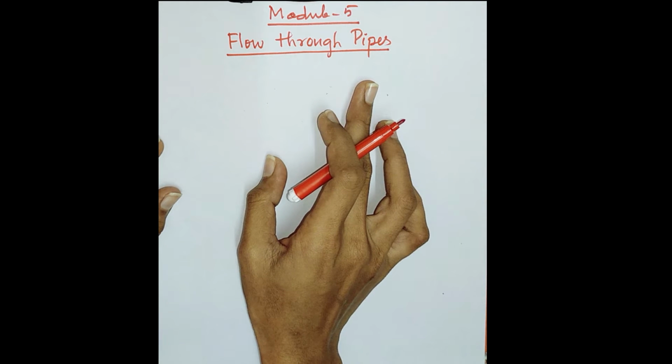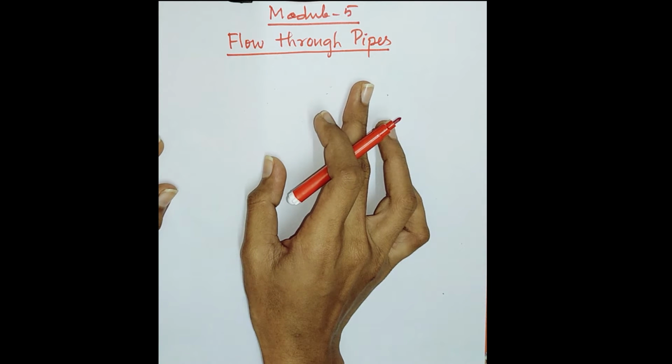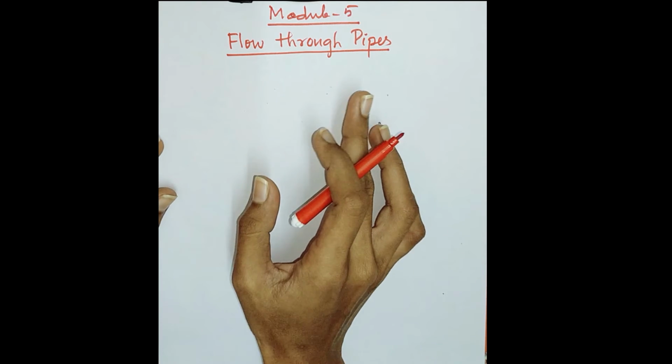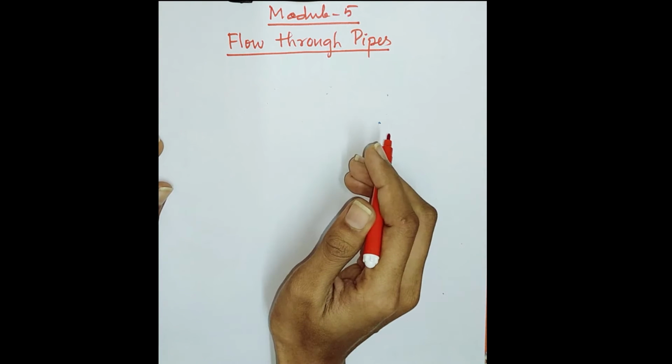And after that you are going to study pipes in series connection and pipes in parallel connection, and the equivalent pipes, what is an equivalent pipe you are going to study. And after that minor loss equation you are going to study.